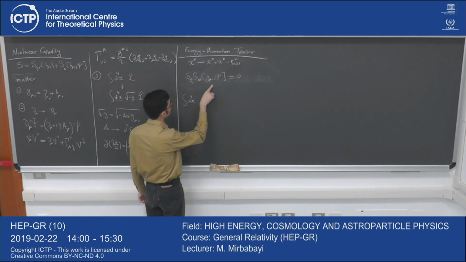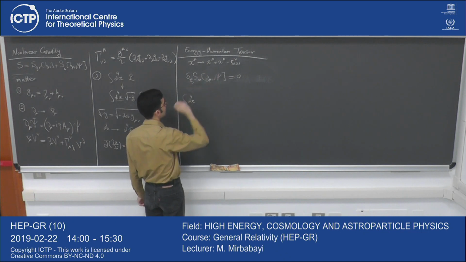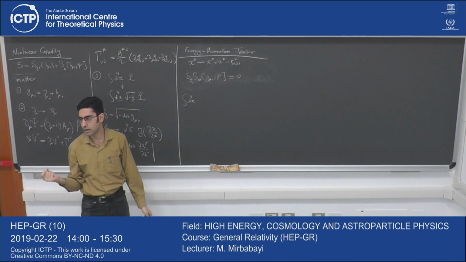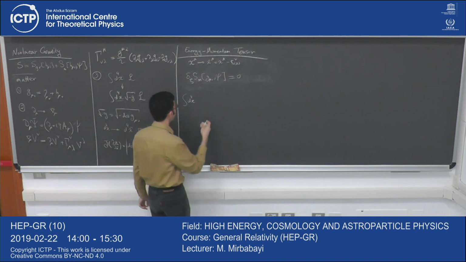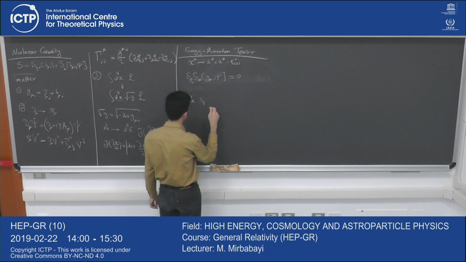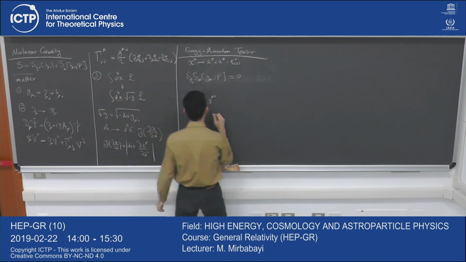I'm going to say that the variation of the action due to this diffeomorphism comes from the variation of g mu nu and the variation of psi. So I will write delta psi of g mu nu.